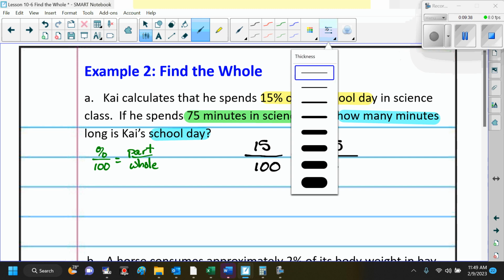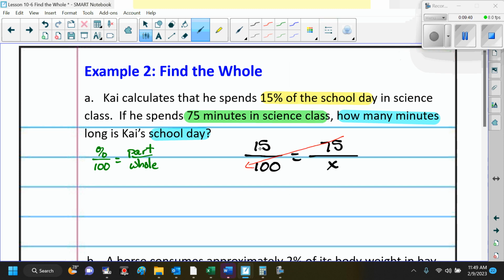So when we cross multiply, we end up with 7,500 on one side, 75 times 100, 7,500, is equal to 15x, 15 times x, on this side. And then, to get the x by itself, we will divide by 15. Beautiful.